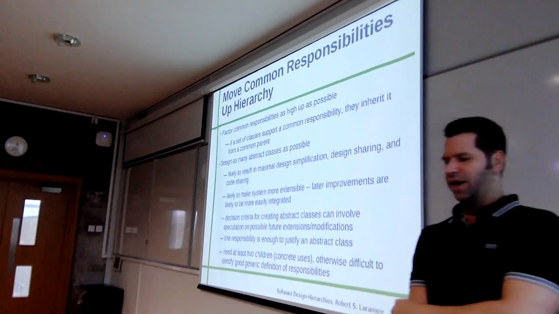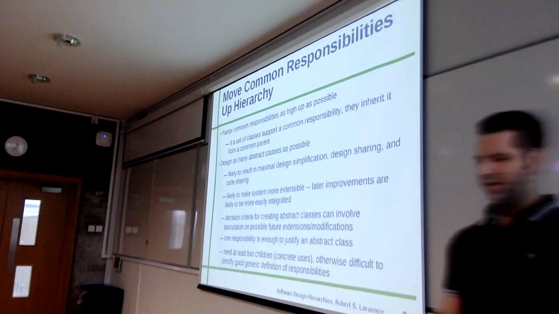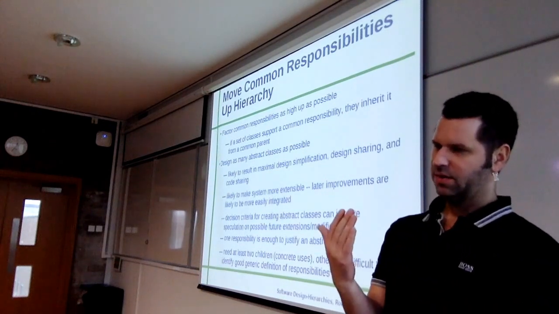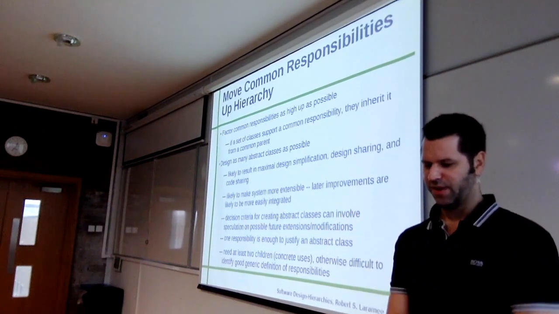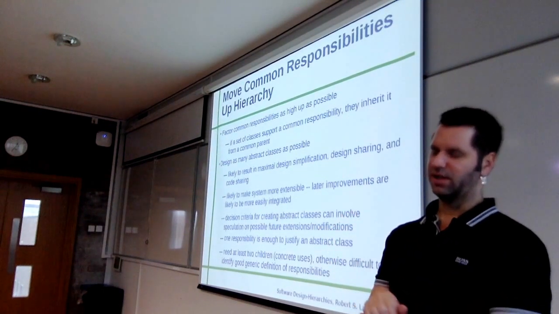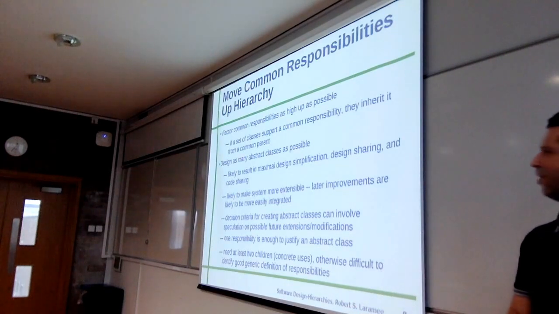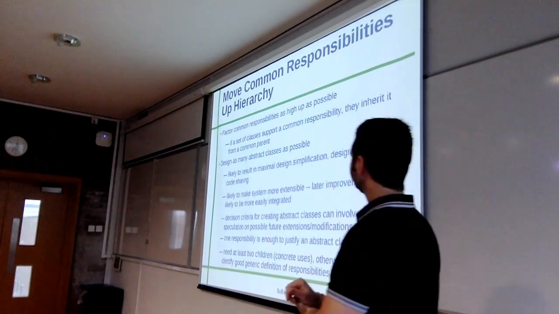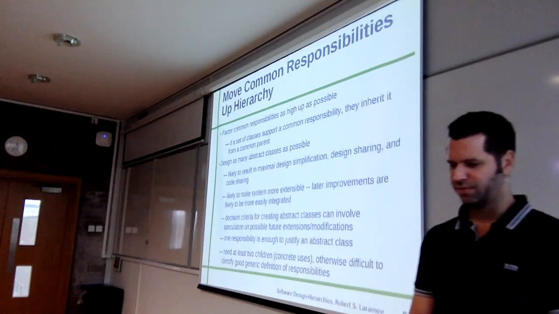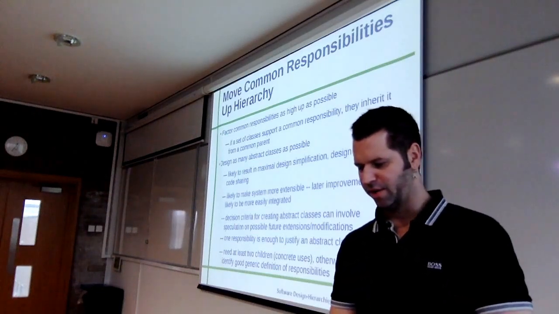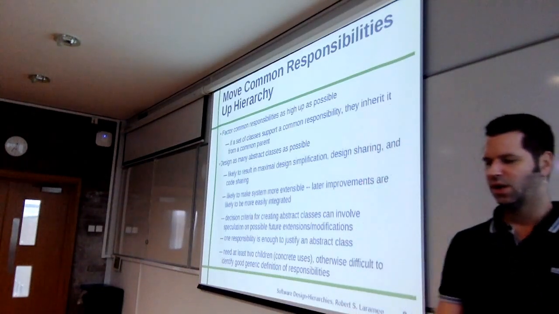One of the guidelines is to move common responsibilities up the hierarchy as far as possible. So factor common responsibilities, this is exactly what John was asking about a few minutes ago. If a set of classes support a common responsibility, they inherit from a common parent.